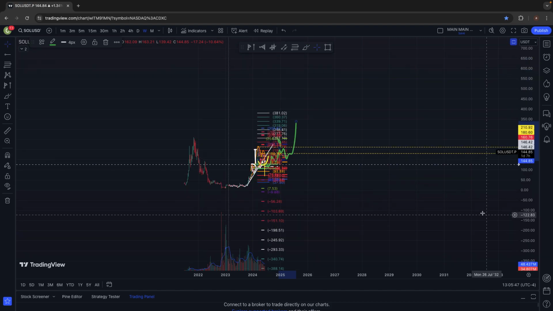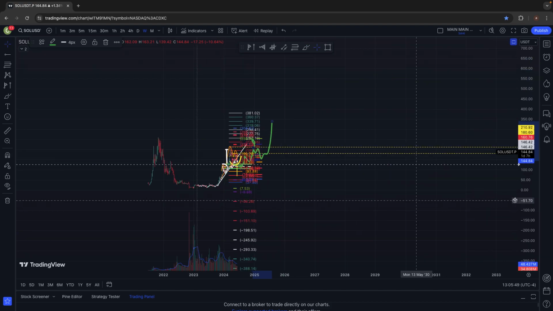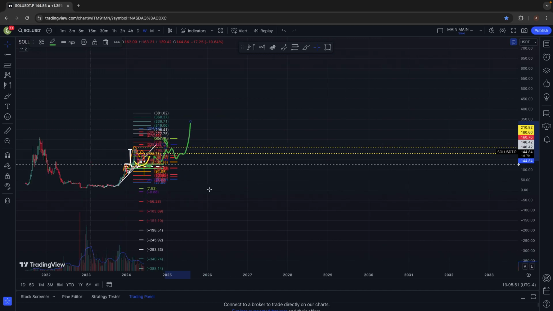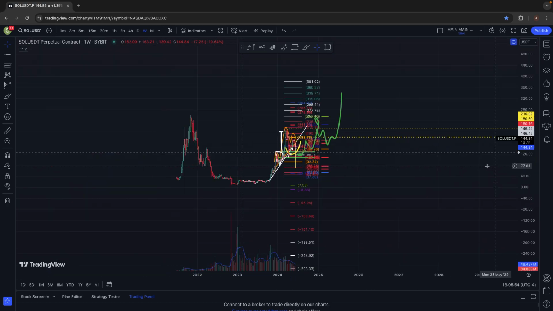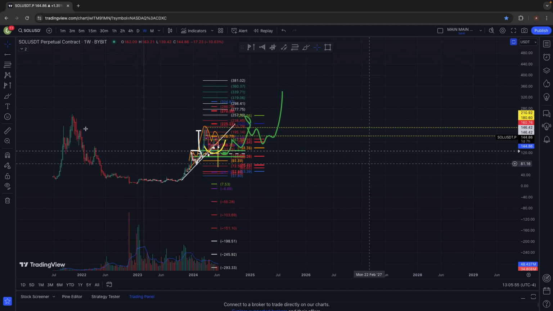So does this look like something that is a little more reasonable on your comprehension level? What we're doing is we're just dancing with this level right now. Once this level is cleared, we're uptrending.